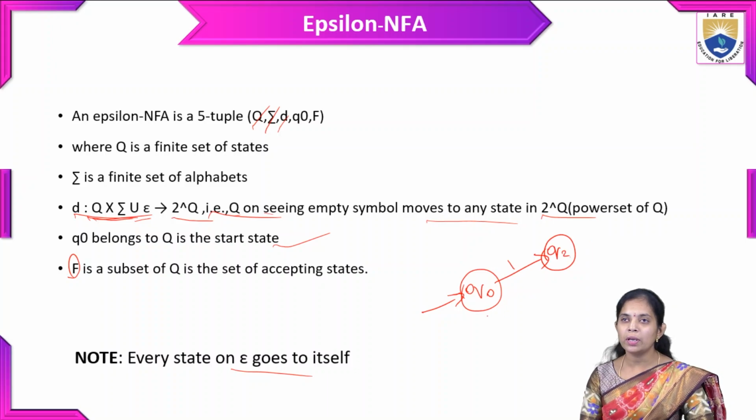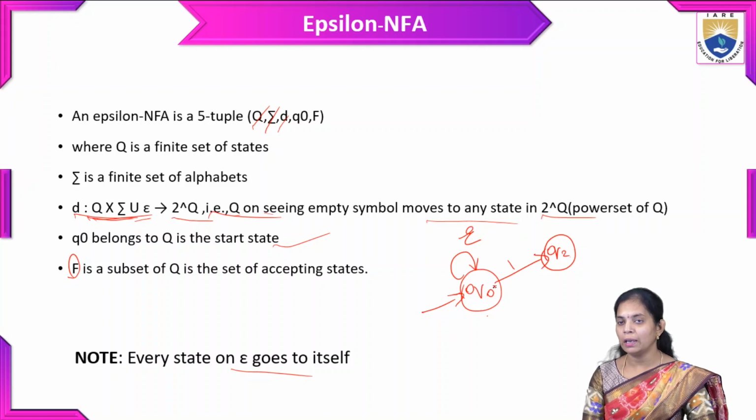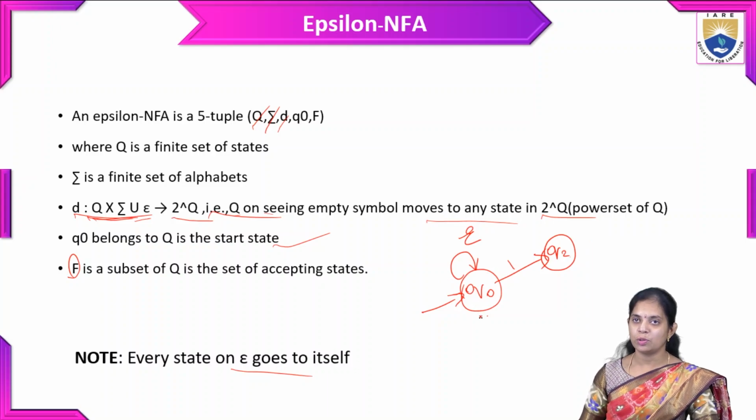Here there is no explicit epsilon move, but every state itself has the epsilon transition. In the case of NFA we don't have any epsilon, so we need to consider that every state itself has the epsilon symbol.